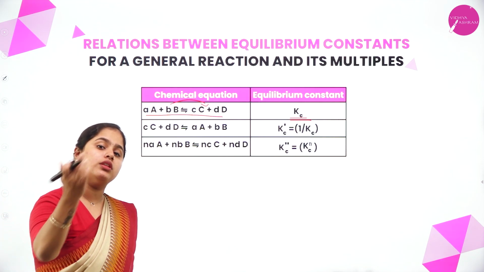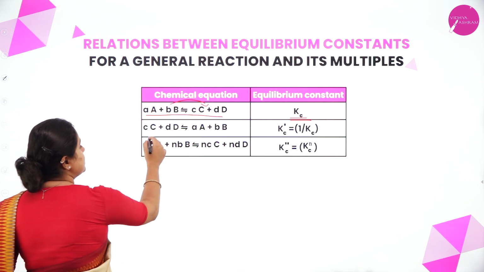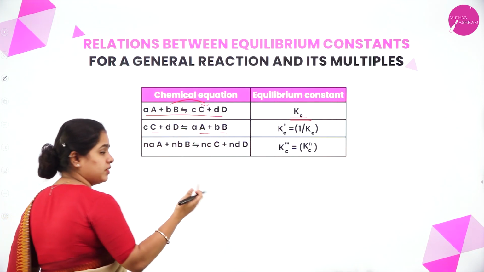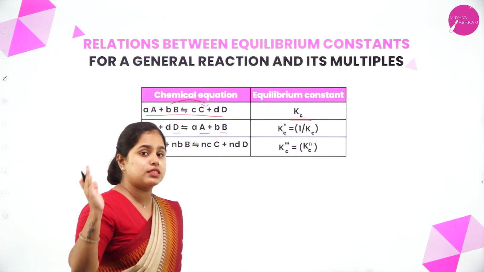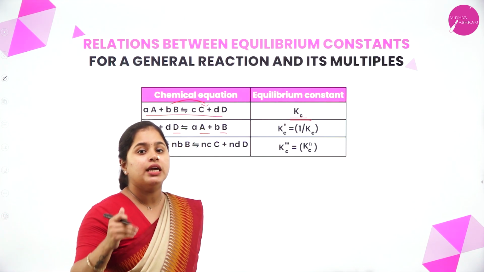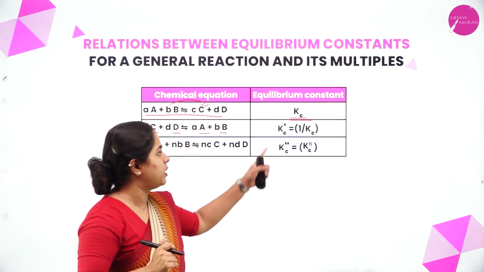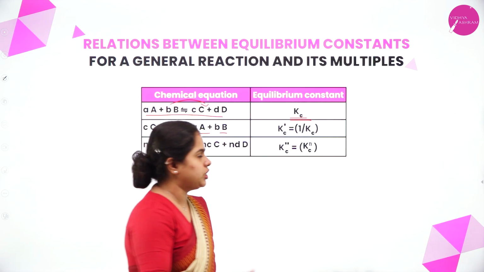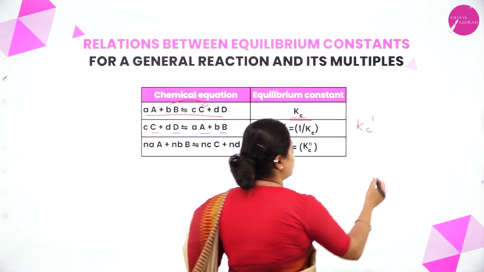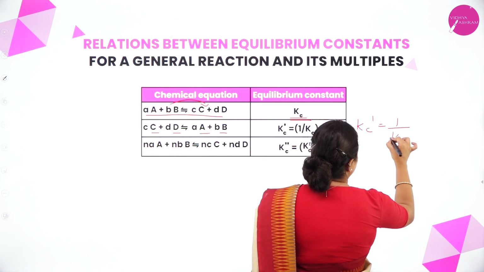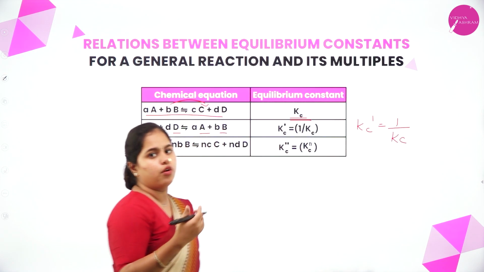Now we are considering the backward reaction, that is C and D will combine to form A and B, which is the backward reaction. Now what will be the equilibrium constant? We have already discussed this in the first session. So what happens? It will be the inverse of the equilibrium constant of the forward reaction, right? So the equilibrium constant for the reverse reaction or the backward reaction will be the inverse of the equilibrium constant of the forward reaction.